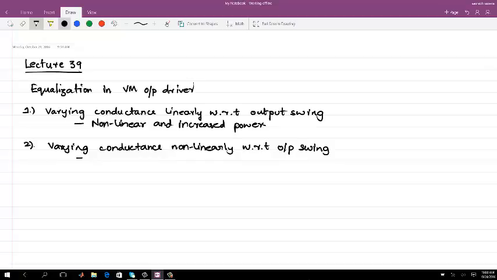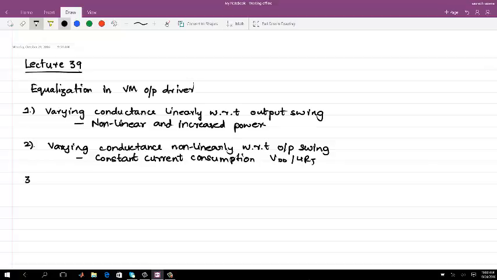And this has a constant current consumption, which is equal to VDD by 4 times RT.